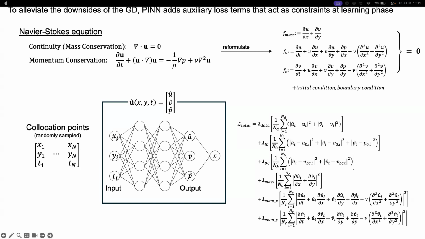We are just hoping that eventually the neural network will converge to something that can be called the global minimum.